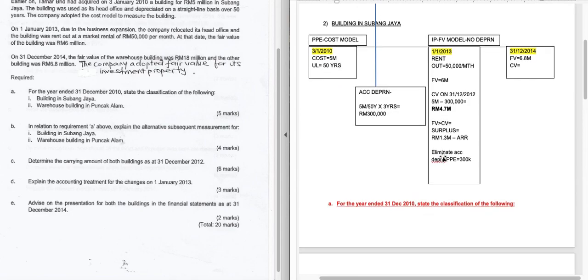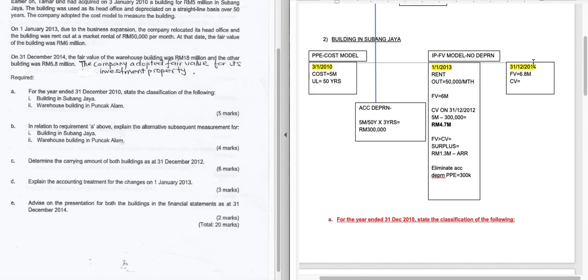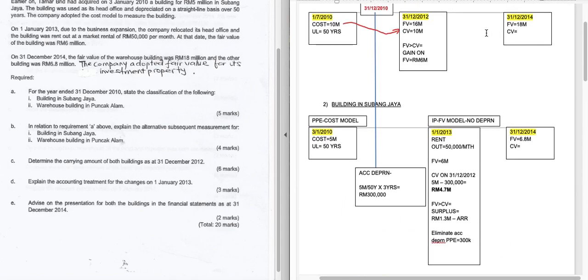So if we refer back to the timeline, 31st December 2014, we have two buildings. On this day, the IP, which is the warehouse, the carrying value would be the fair value here. The fair value here is 16 million, so it will become the carrying value, 16 million.